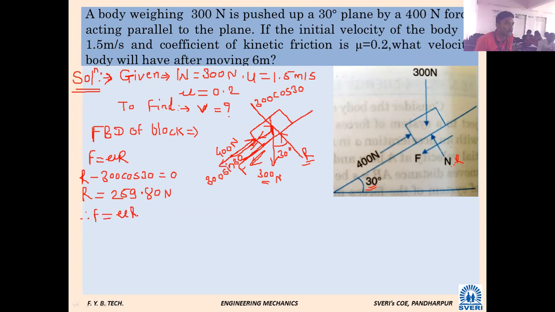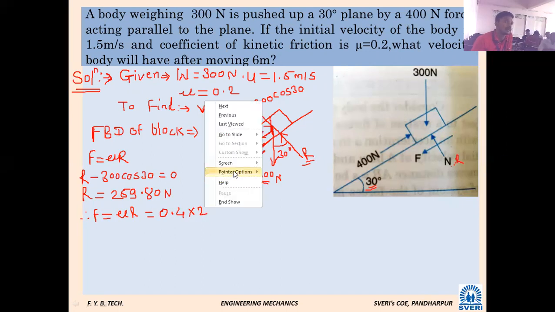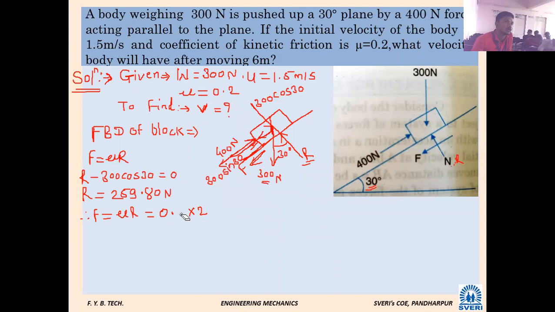Yes, we know mu, 0.2. So 0.2 times 259.80 is equal to 51.96. What will be the unit? Newton.